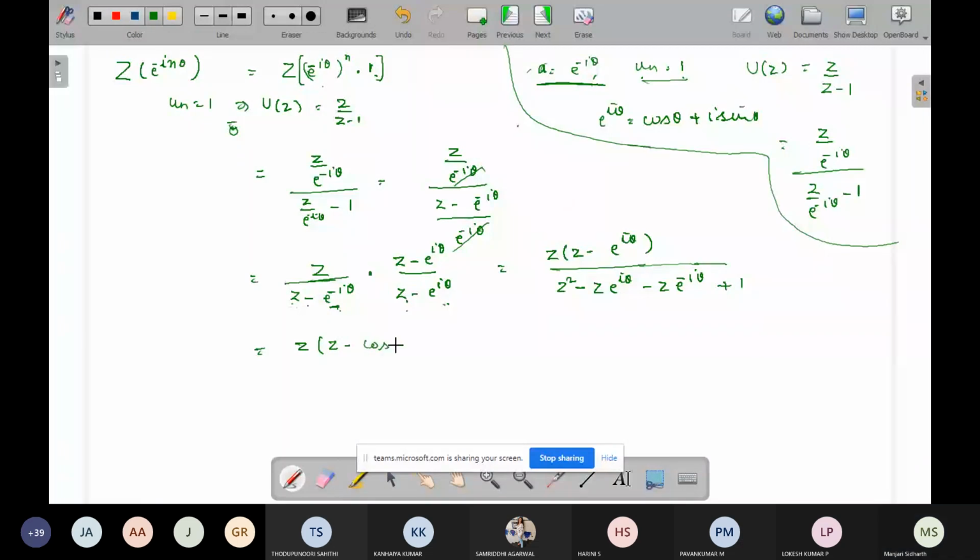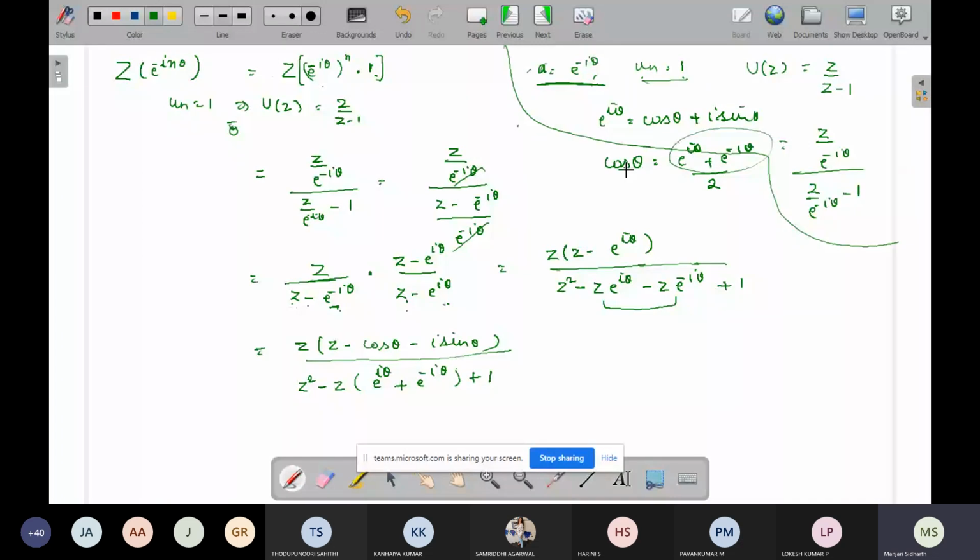So cos theta minus i sin theta, because minus is outside. Now this minus, take z common, e power i theta plus e power minus i theta, plus 1. Now we know the cos theta formula in terms of exponential is e power i theta plus e power minus i theta divided by 2. So this value is 2 cos theta.